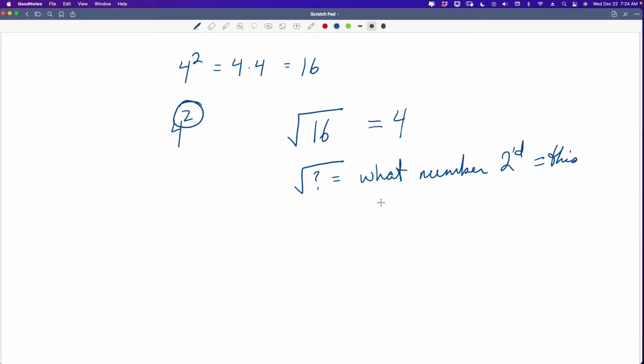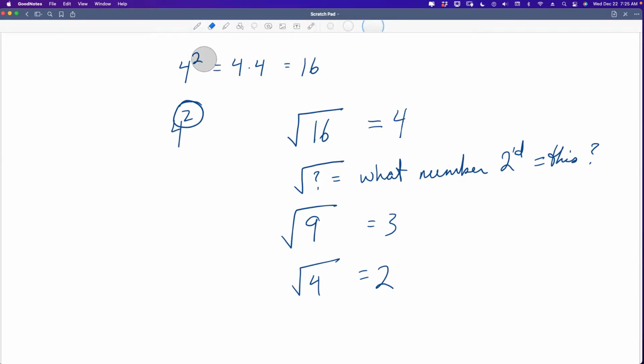Right? What number squared equals this? And in this case, what number squared equals 9 is 3, because 3 times 3 is 9. All right, we could also do 4, and the answer would be 2, because 2 times 2 is 4. You see how that works?